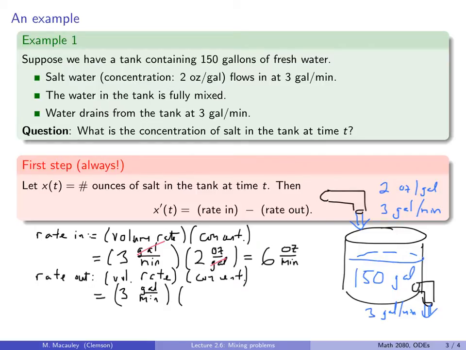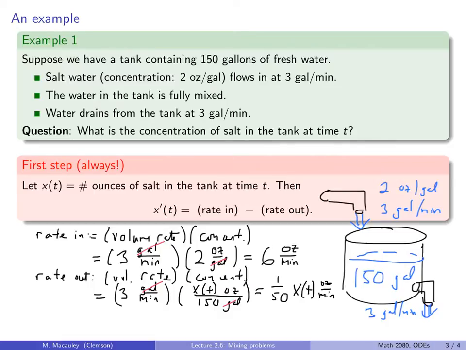So that's going to be x of t ounces of salt divided by 150 gallons. As before, these units are going to cancel, and what we get is 1/50 times x of t ounces per minute.